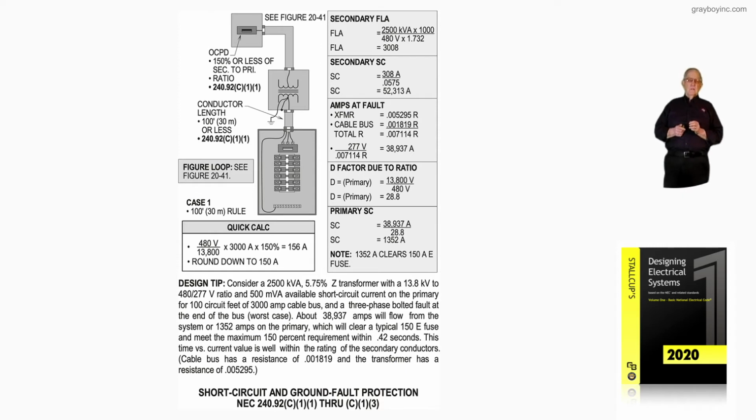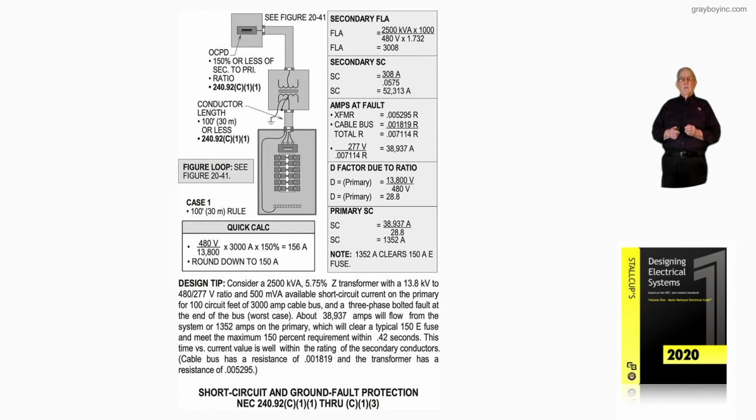Now, to apply the minimums here, we would look at the boxed in information to the right of the illustration, and the secondary full load current, 2,500 kVA times 1,000 divided by 480 times the square root of 3, gives us a full load amp rating of 3,008 amp. That will supply under normal operating conditions without any voltage drop, correction factors, adjustment factors being made. That will naturally take care of the 3,000 amp bus.